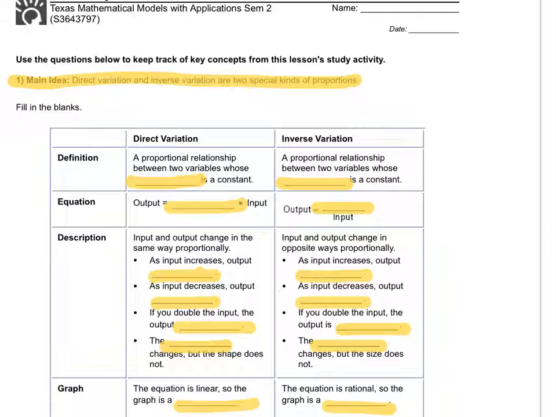So the main idea of the lesson is that direct variation and inverse variation are two special kinds of proportions. Here's what I want you to know. For direct variation, the definition of it is nothing more than a relationship where one variable is a constant multiple of the other.